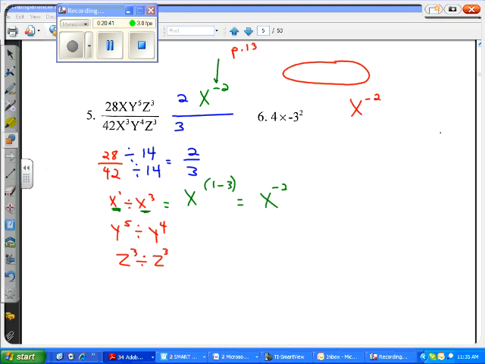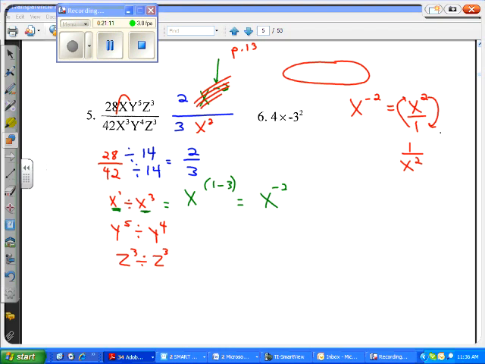Remember that x to the negative 2 actually says the reciprocal of x squared. So it would be x squared reciprocated, which would turn into 1 over x squared. So if you tried to put that up there with a negative, that negative would command you to reciprocate it to the bottom. Okay?